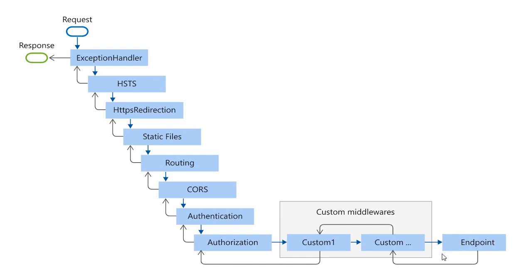And then when we have a response, the response will also be processed by the different middlewares and then will be transmitted to the client. So here we can see that the middlewares are executed in a well-defined order. And if we have any custom middleware, it will be executed just between the authorization middleware and the endpoint middleware.